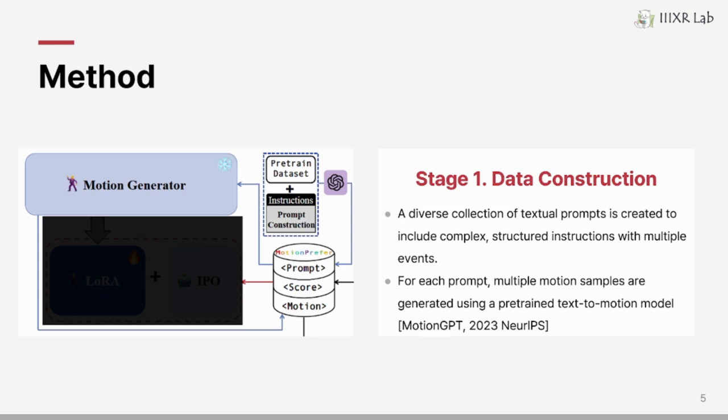To accompany each prompt, the authors generate multiple motion sequences using an existing text-to-motion model, especially MotionGPT, which was published at NeurIPS 2023. These sequences are not labeled manually. Instead, the labeling and supervision come from the next stage using GPT-4Vision as an evaluator.